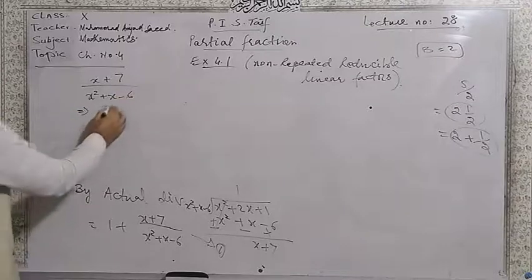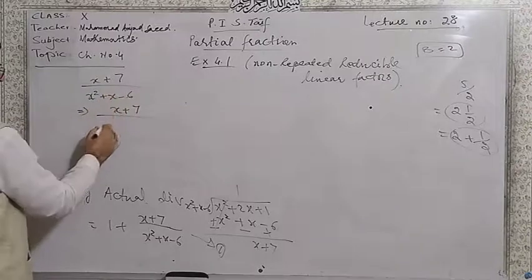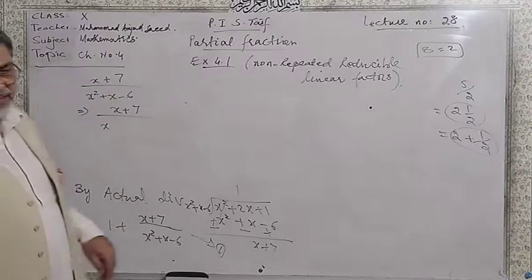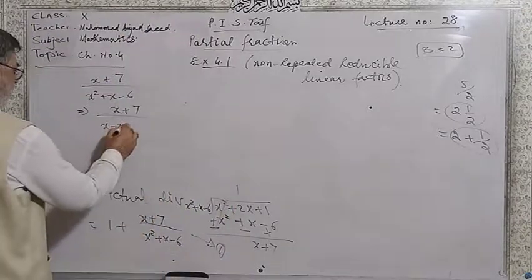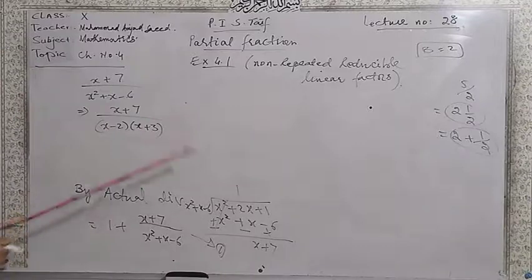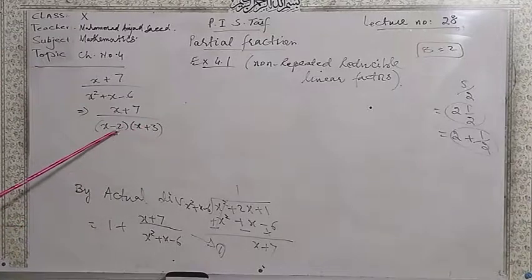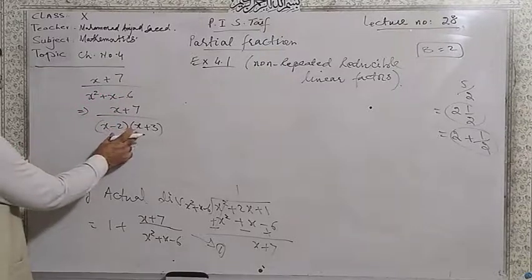Remember that x square plus x minus 6 was x minus 2 into x plus 3. Actually, these two brackets were multiplied and we got that. Now again you write it in linear form.